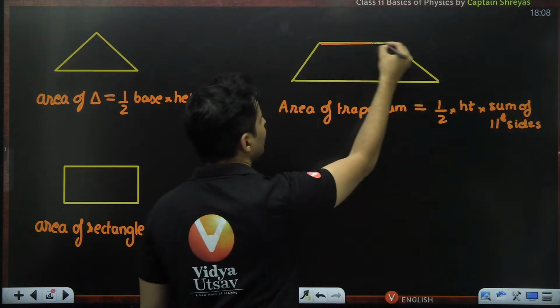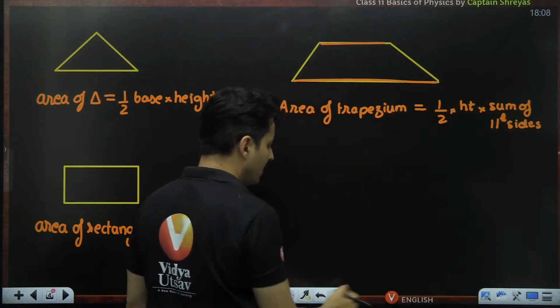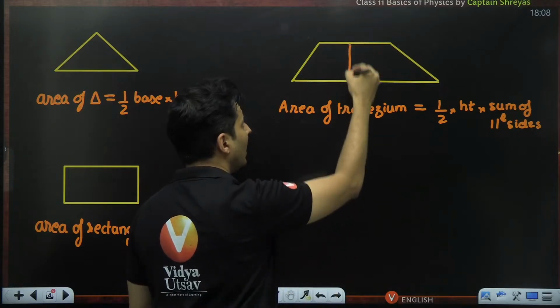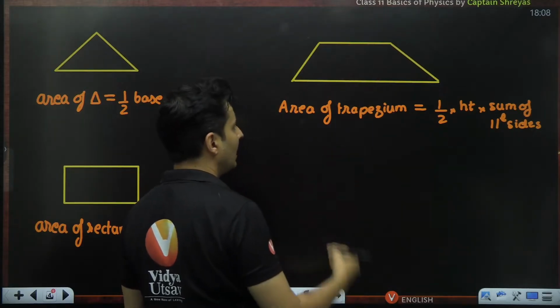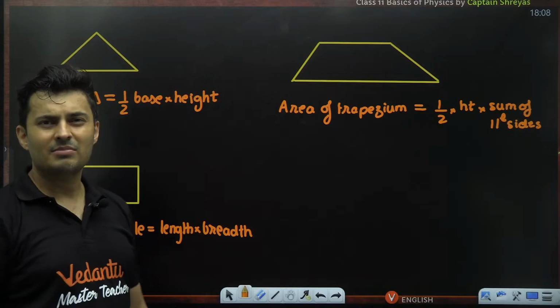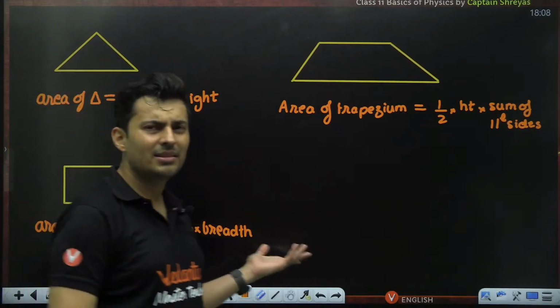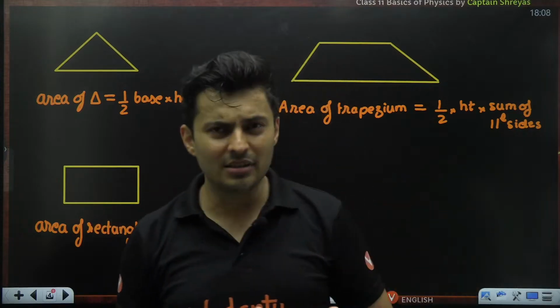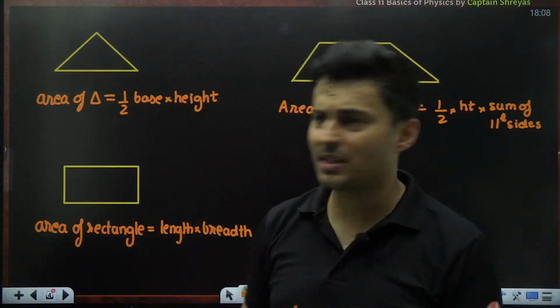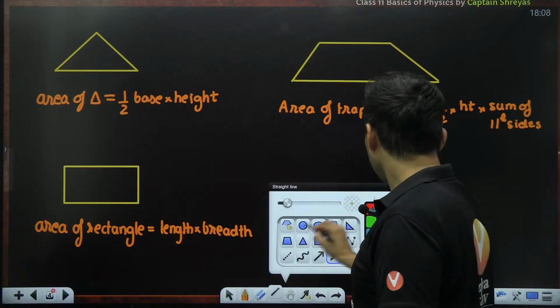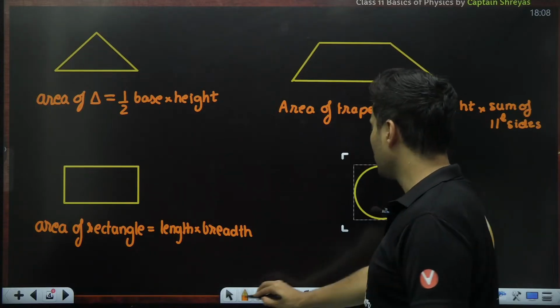Parallel sides are this one and this one. You add them and multiply it with the height of the trapezium. That will give you the area of the trapezium. So these are some standard things which everybody is accustomed to. Other things are also there. Area of a sphere and many other things. Area of a circle, everything we know, right? Area of a circle also we know.